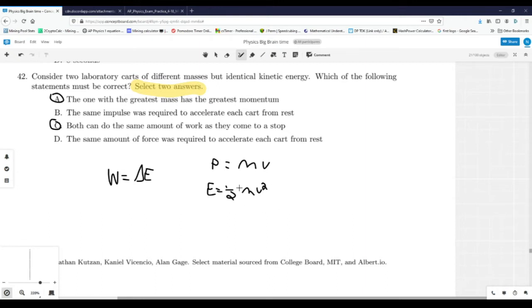If the mass is doubled, let's say 2m, in order to keep this whole thing constant, we have to have a 1/2 somewhere else. And that's going to have to be a decrease in the velocity, and that is really going to be 1/√2. So the velocity will decrease by 1/√2.